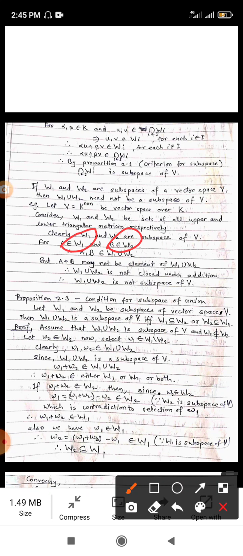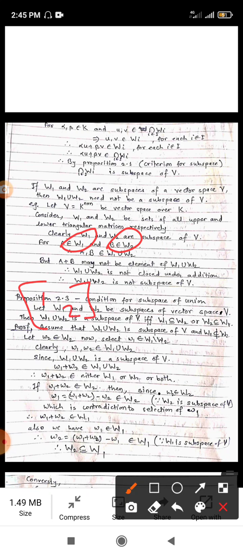But what about addition? If we add a lower triangular matrix plus an upper triangular matrix, it may not always be an element of W1 union W2. For example, if we treat 2 by 2 matrices, W1 is the set of all upper triangular matrices.